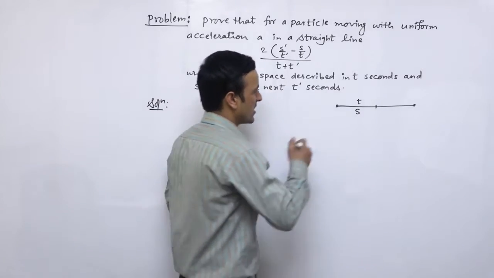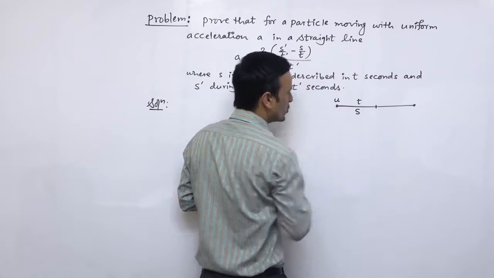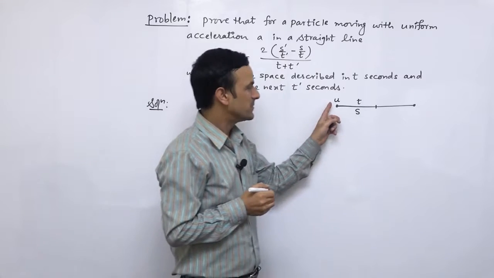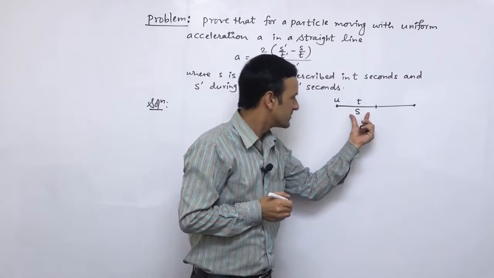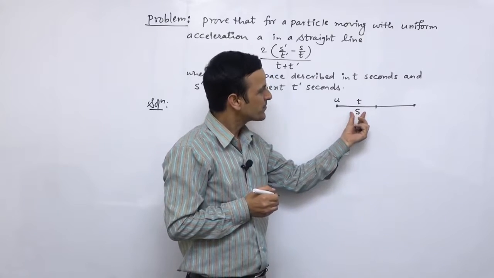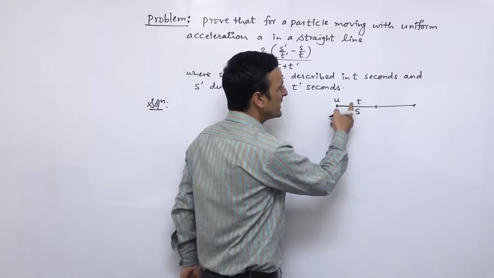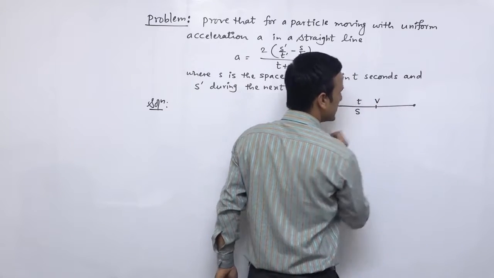So the particle's initial velocity is u, and if the distance covered by that particle is s in t seconds, then we can write this equation, and its final velocity is v.